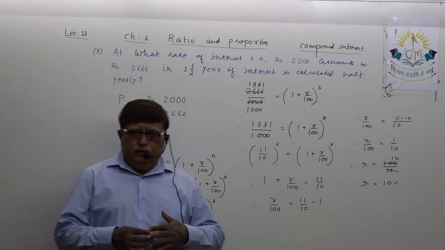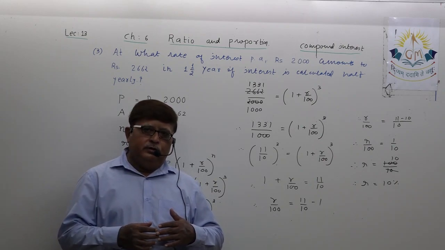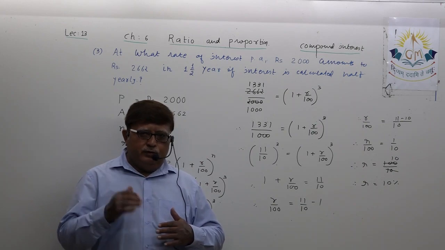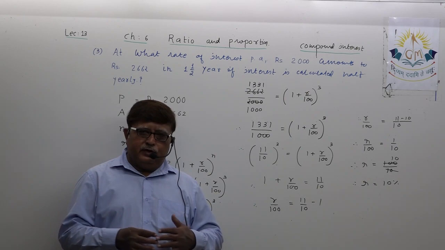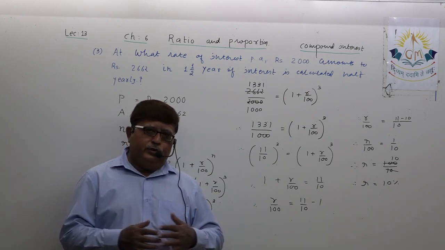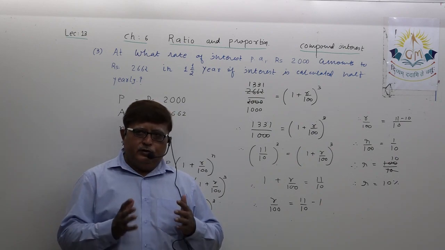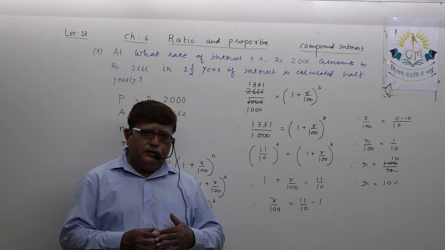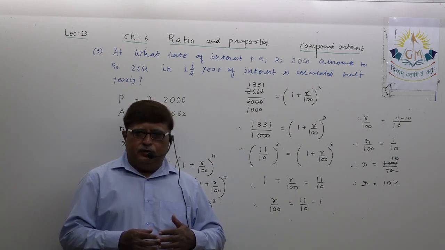If you can remember, in this chapter there were 6 to 7 topics I listed out, in which first we targeted a large topic, variation, and then another topic, compound interest.